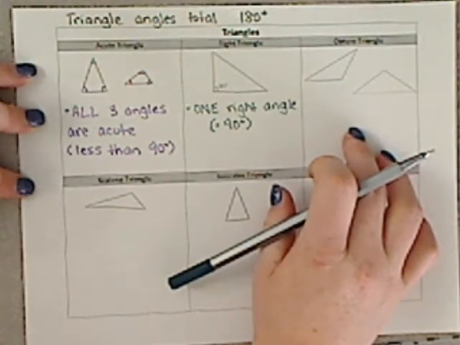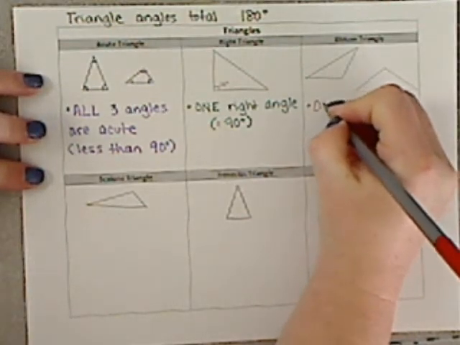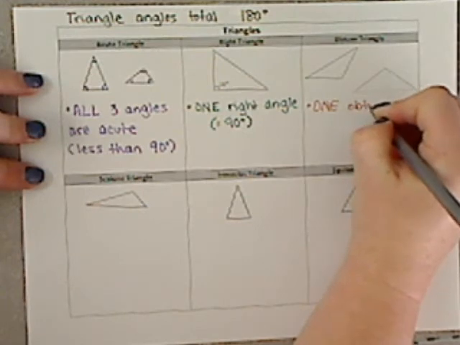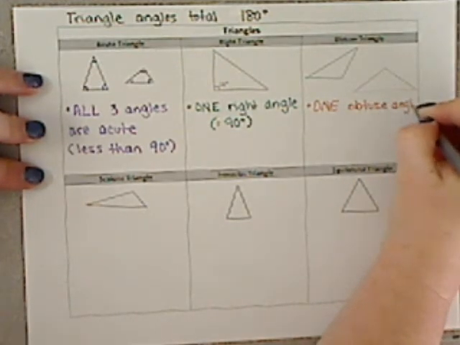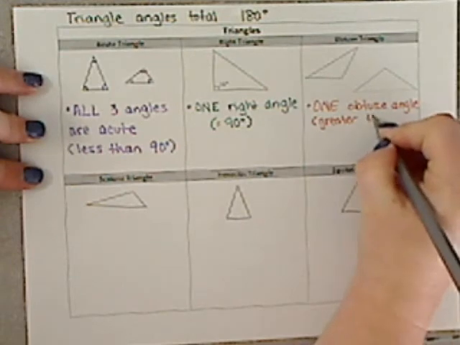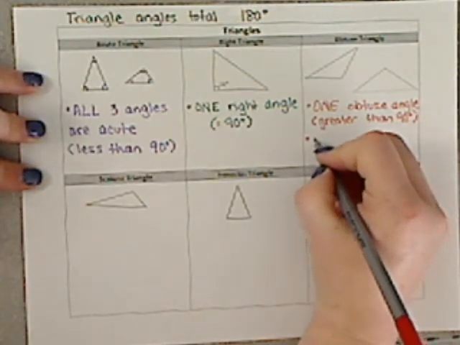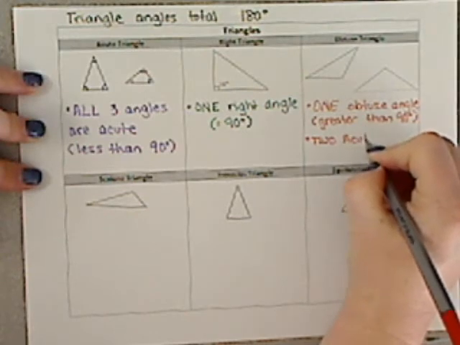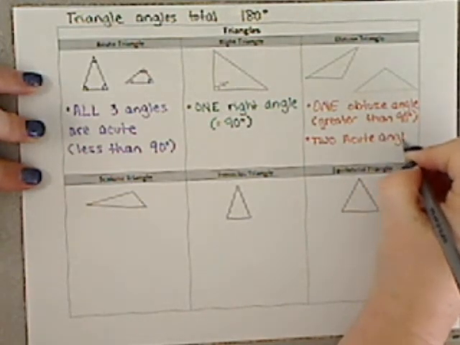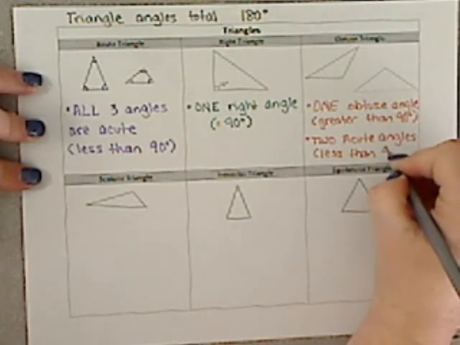Now let's look at obtuse triangles. Obtuse triangles are triangles that have one obtuse angle, which means that one angle is greater than 90 degrees, and two acute angles that are less than 90 degrees.